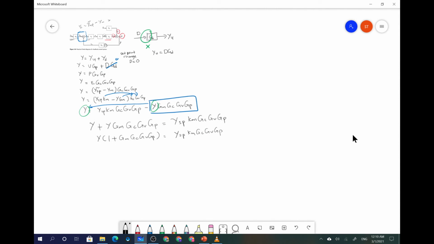Hope you can still see it clearly. So we will get our final closed loop transfer function.